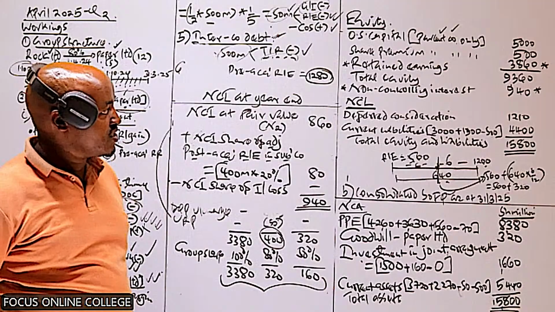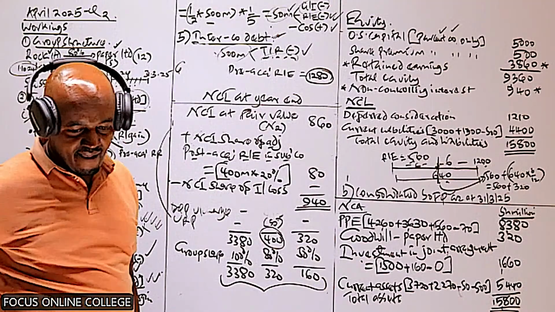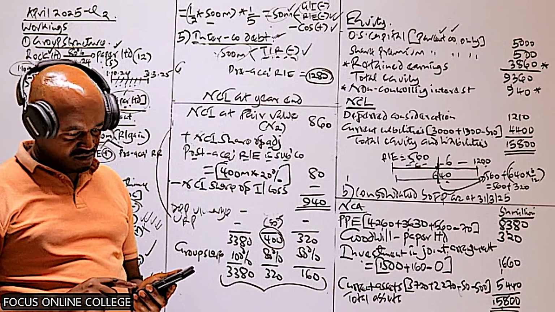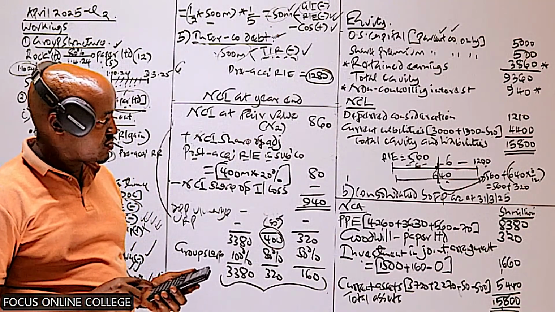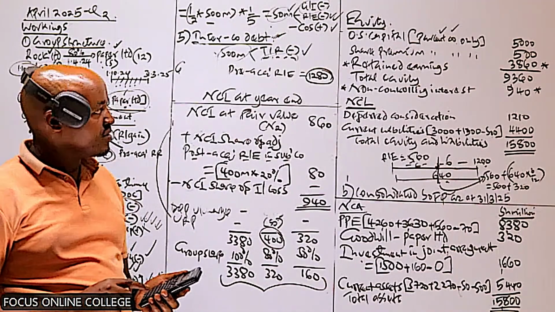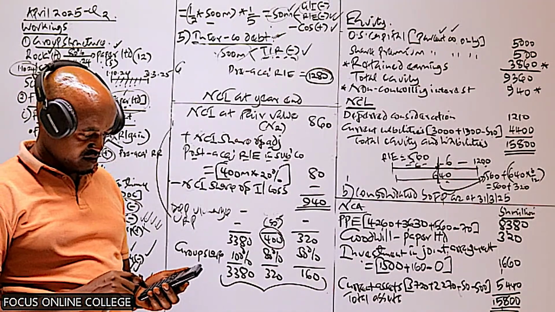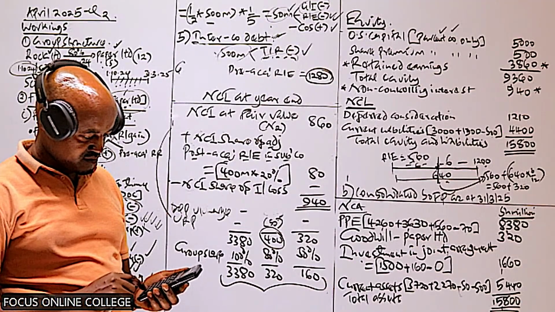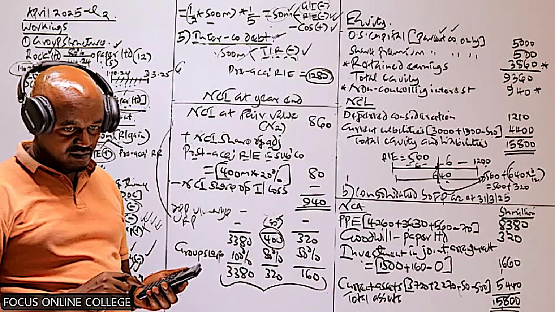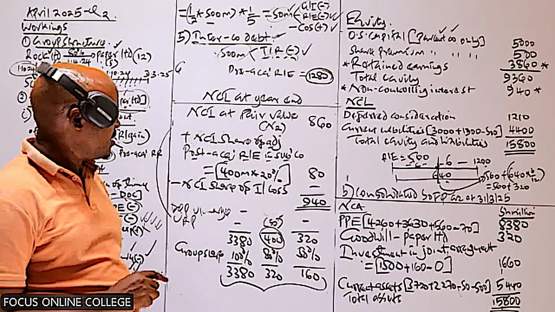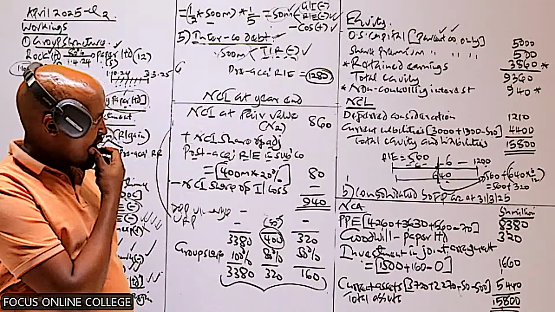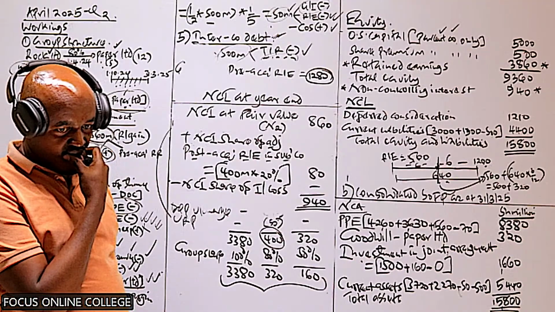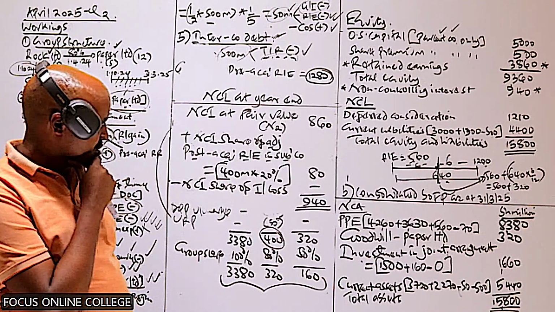Is our statement of financial position balancing? It is not balancing. That is what I'm told. What is the difference? What have you omitted? 10, 10 bob.